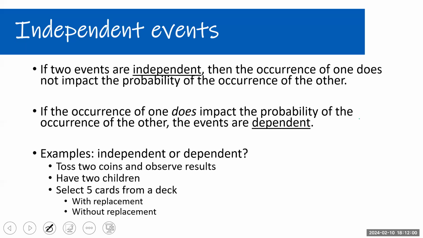Well, now there's 1 less red in the deck. Okay, so there's only 25 reds, no longer 26. And also, instead of 52 cards, there's only 51. So my probability is shifting. Okay, the probability of getting a red next time depends on whether I got a red the first time. And then the probability of what I get the 4th time depends on what I got the first 3 times. Okay, so if I am sampling without replacement, I often have a dependent situation.